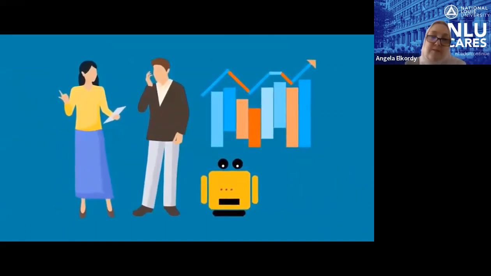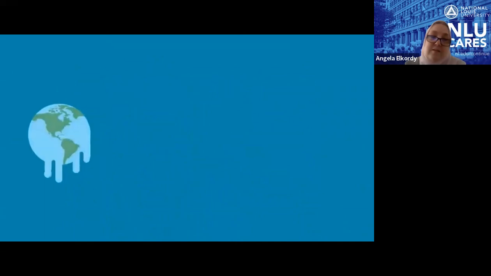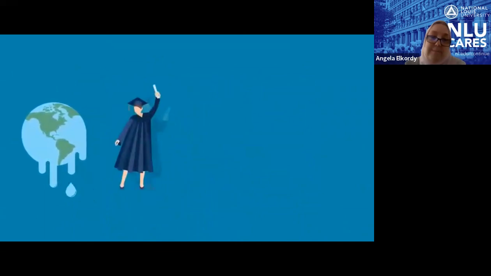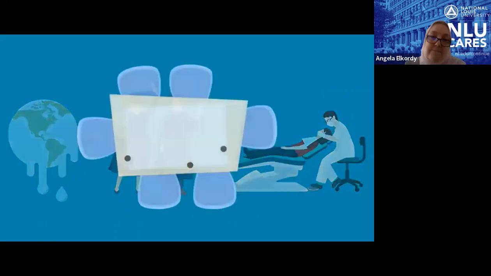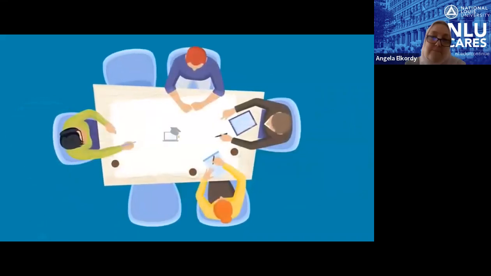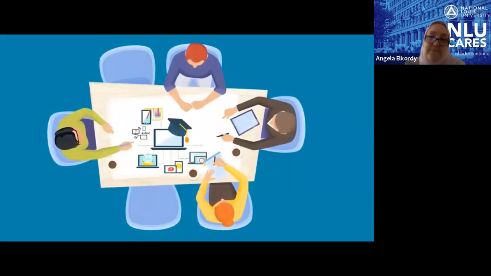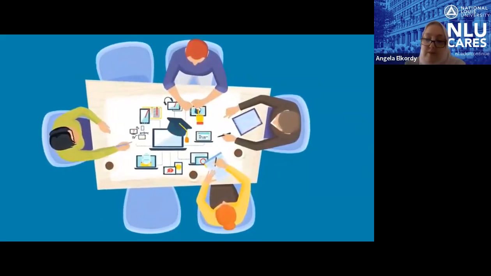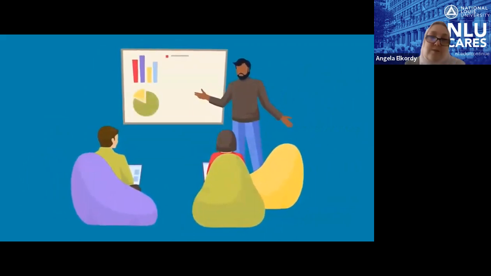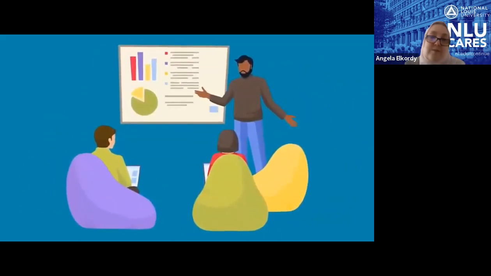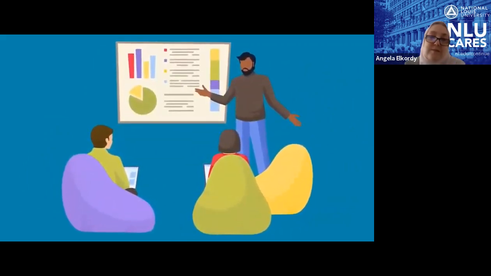And AI has the power to help us solve some of our biggest problems, like climate change, education inequality, and improving global health. But who will decide which problems AI should solve? How will we ensure our AI systems are ethical and fair? Who will decide whether AI works for us or we work for it? Our ability to answer these questions will determine the quality of our future lives.